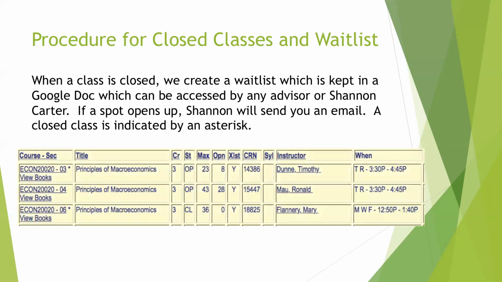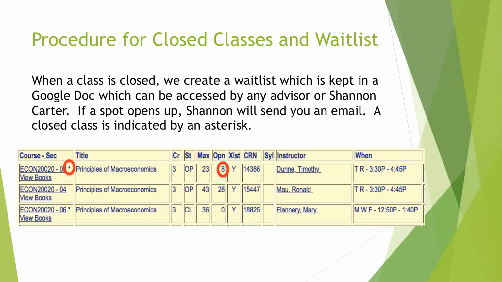So let me give you an example. So here we have 3 sections of principles of macro, and there's 3 different instructors. And what you'll see is for Professor Dunn's class, it looks like there's 8 openings. However, this is during the hectic times of enrollment where people are enrolling in courses, dropping courses, and things like that. This course is actually full and there's a wait list.